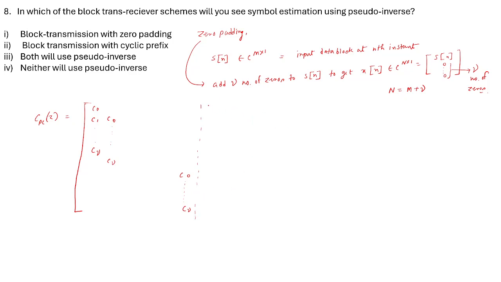And of course, it's pseudo circulant because when this C mu comes here, the mu plus 1th channel tap coefficient, it doesn't come alone, it comes with a memory term, that is Z inverse.